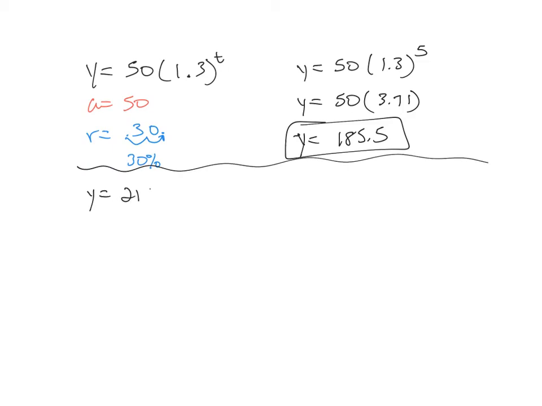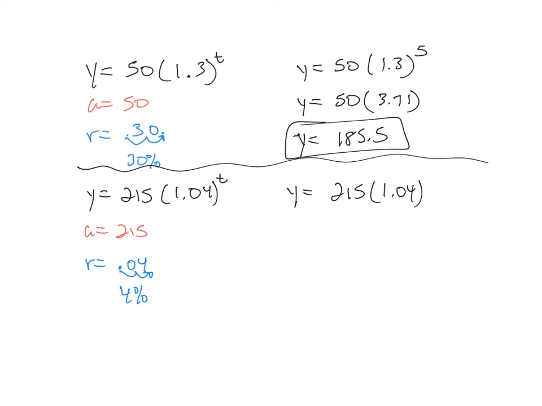So if we had our initial amount is 215, and then the rate on this one, it's the decimal 0.04, 2 spaces, 4%. Okay, and then plug it in.